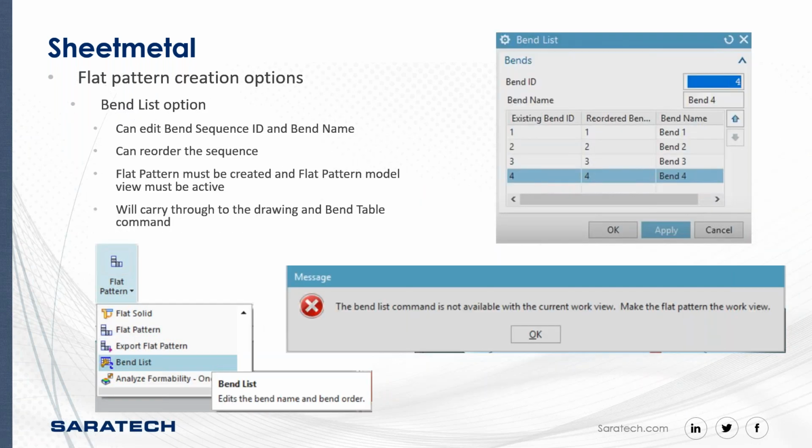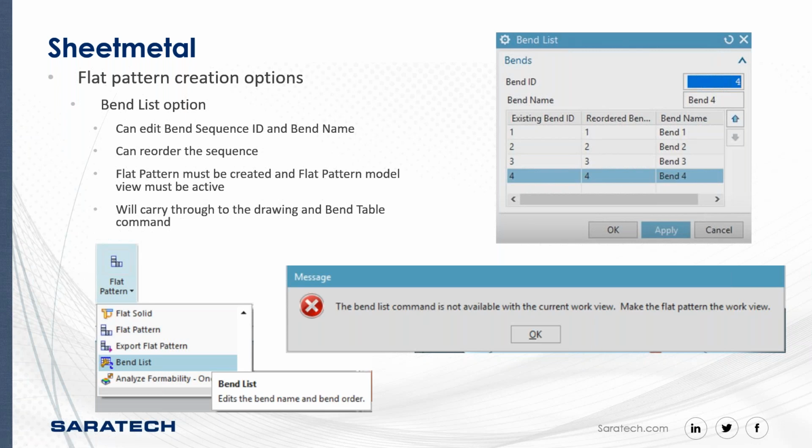So some of the bend list options. So once we get our flat pattern, we want to go back and we want to edit. So I can go back and bring up my list. So this is where I can edit my bend sequence ID, my bend name right within my list here. I can reorder those. Also, I want to show you the error message. So you get a flat pattern that must be created.